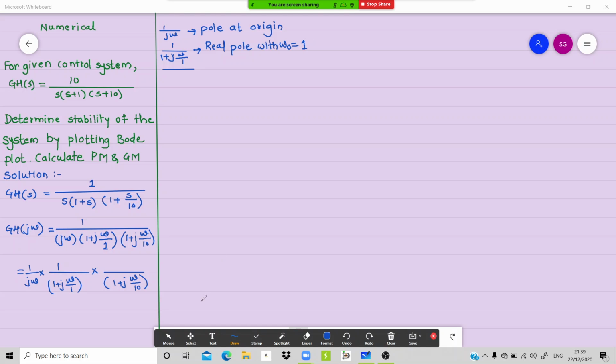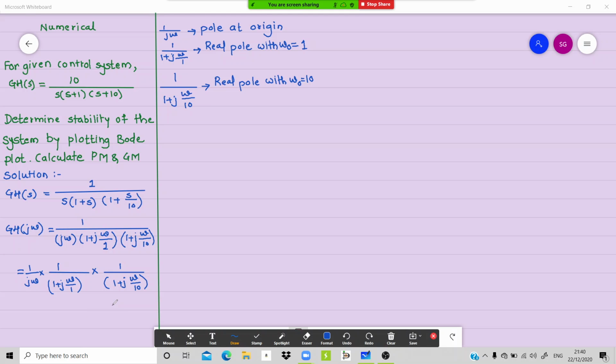And the second one is 1 upon (1 plus j omega upon 10), which is also a real pole with omega naught equal to 10.